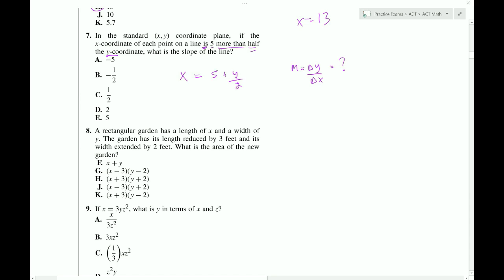Right, so we have here an equation which says x equals. Normally when we deal with linear equations we have y equals. So let's try to get it into that standardized form. We start by subtracting 5 from both sides. We get x minus 5 equals y over 2. And then from here we need to get rid of this 2. The way to do that is to put parentheses around that and then multiply both sides by 2.